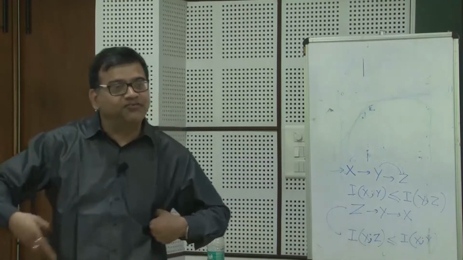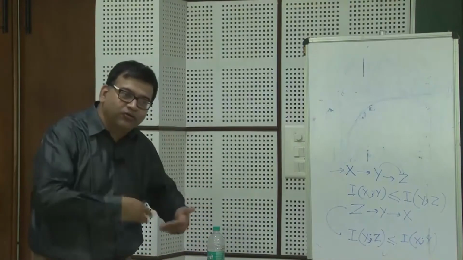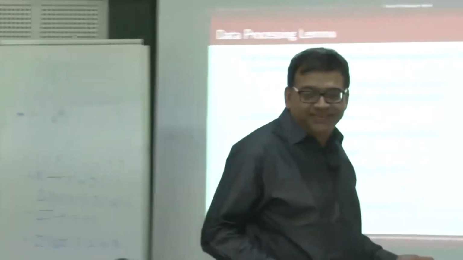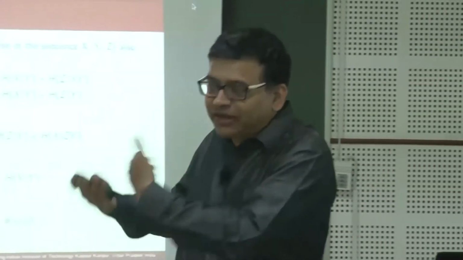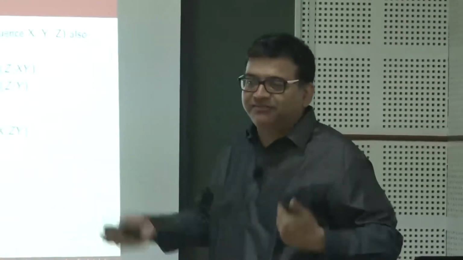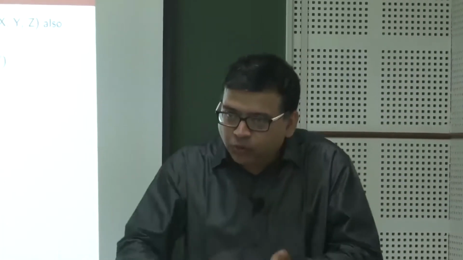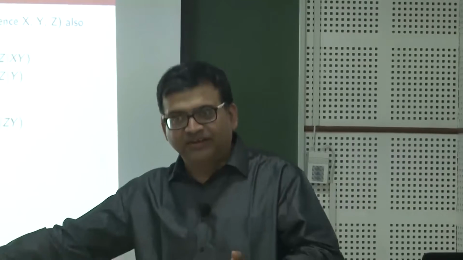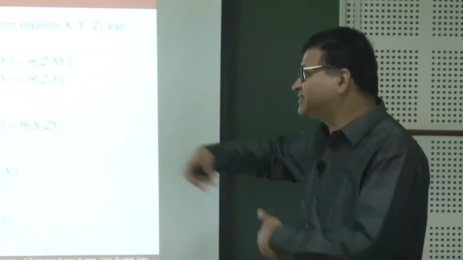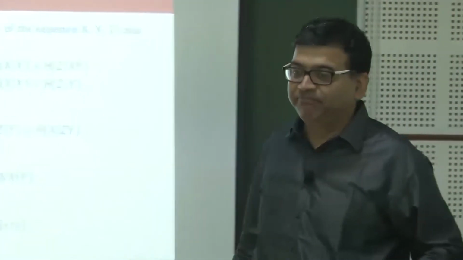But then why are you doing it if you are losing information? Because we are putting the signal in a form which is easy for the receiver. So, from the information theoretic point of view, when you do further processing of the data, you are actually losing information. That is the application of this data processing lemma. Okay.